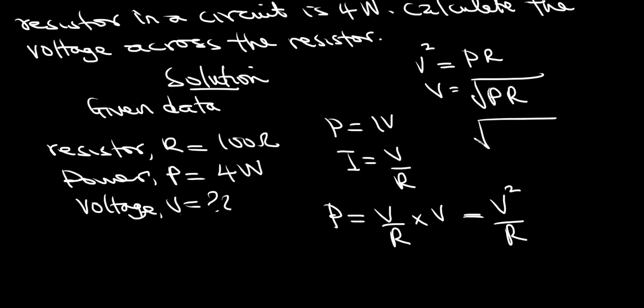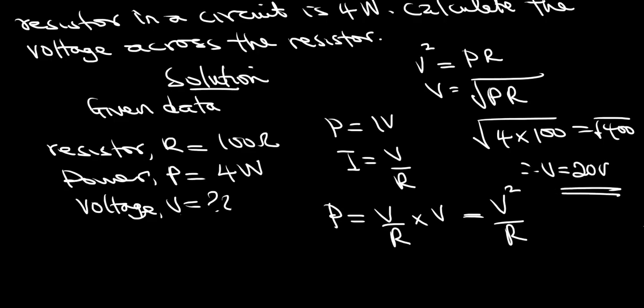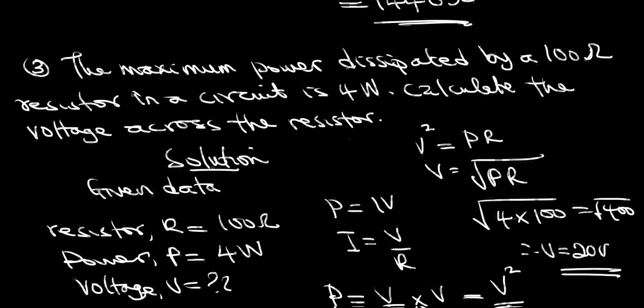And that's the square root of P, which is 4, times R. What's the value of our R? That's 100. And that's the square root of 400. And therefore, our V is equal to 20 volts. And that's how we calculate the question in a demystified way, as you can see step by step.